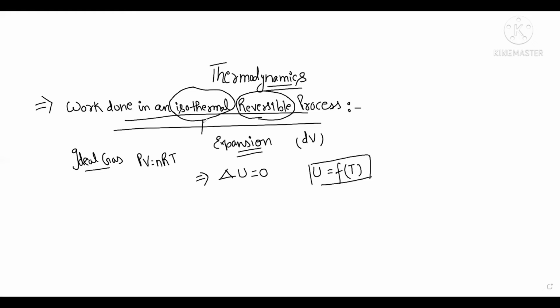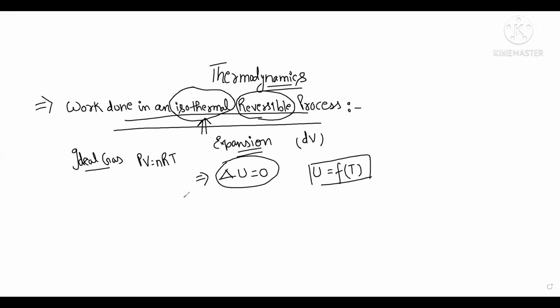Since the process is carried out at constant temperature, there will be no change in U, because U is a function of temperature. As the temperature changes, U will give a new value, but no new value will be given in this case since the process is isothermal. So we have to remember this: delta U is equal to 0.